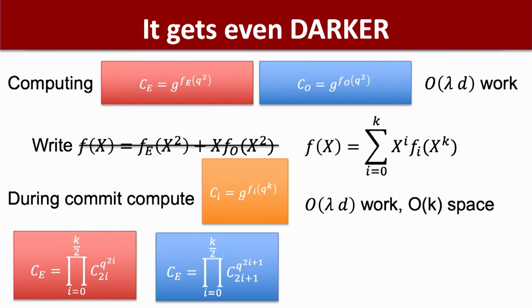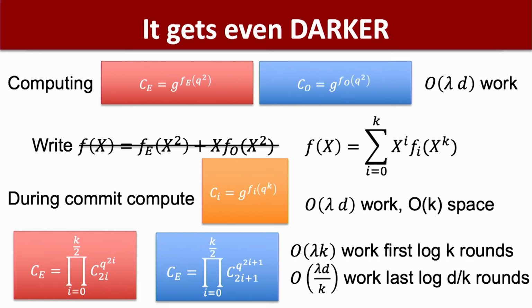The original commit phase still has to be linear work, and I need to store k things. But if I set k equal to square root of d again, then the entire open protocol, or the eval protocol, will again be square root of d work, because I can reuse these pre-computed values during the opening phase.